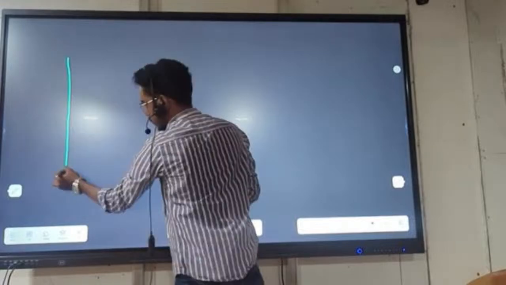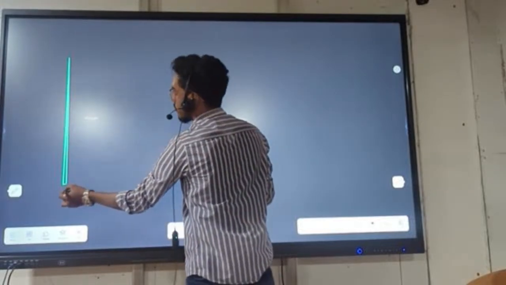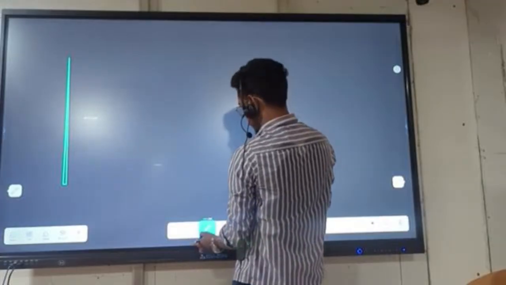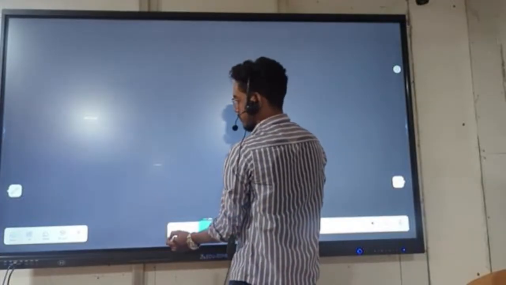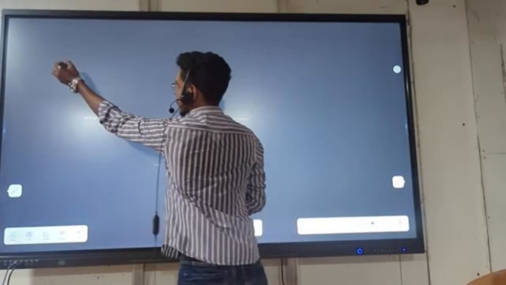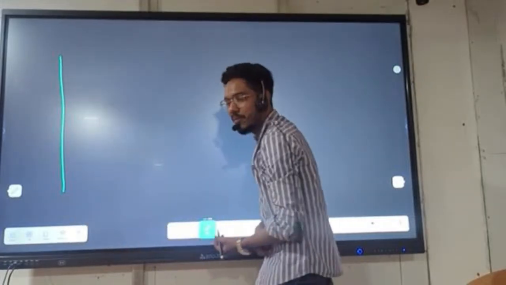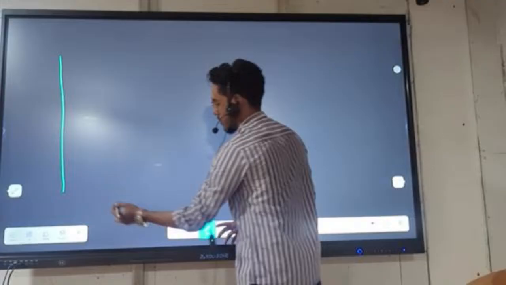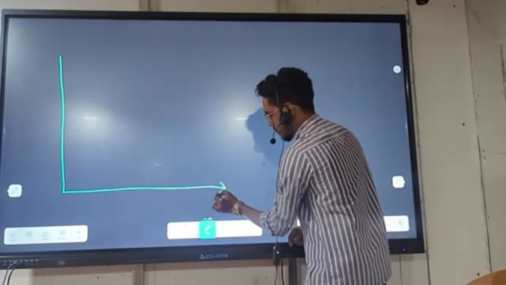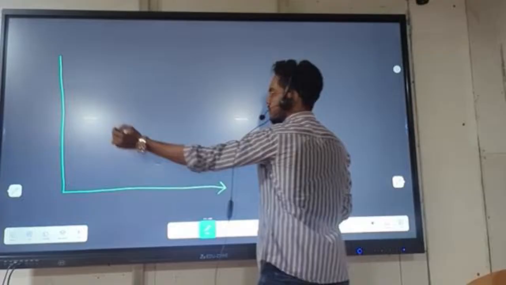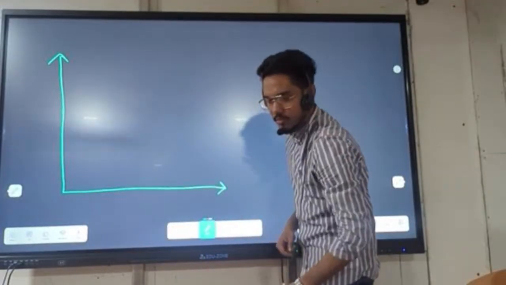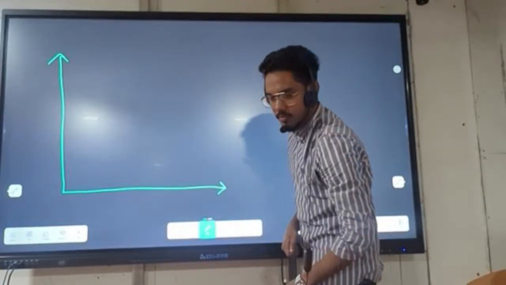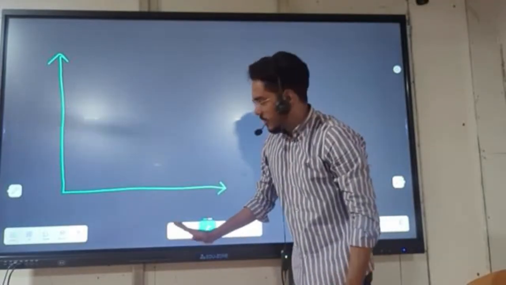Hope you guys know what a Cartesian plane is. So we're going to draw a Cartesian plane here using only the positive sides. Clear? Fine. Now see this properly.